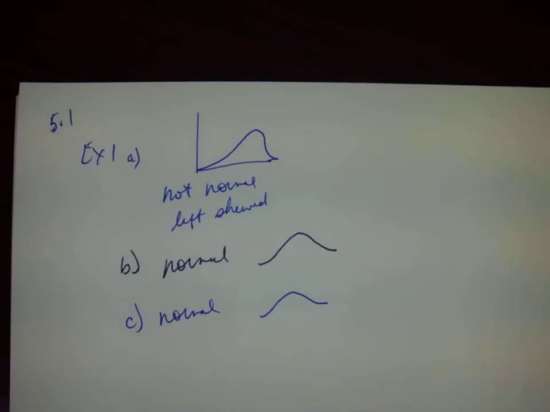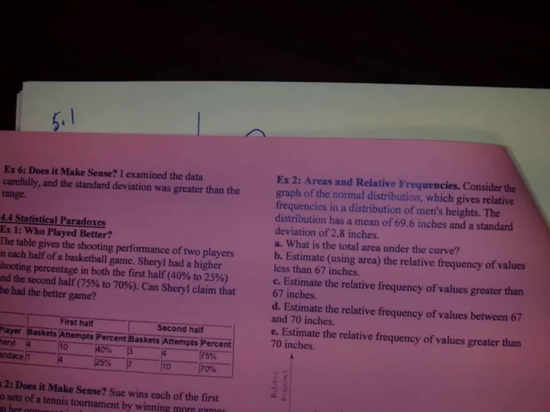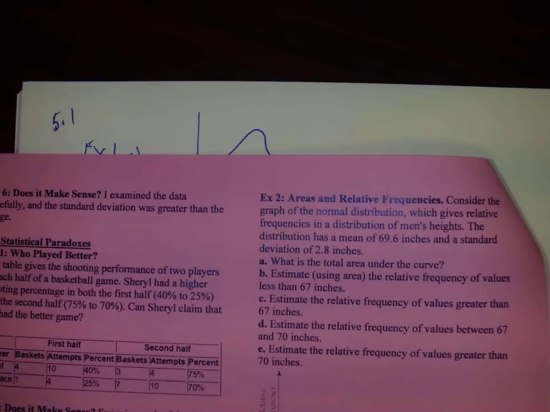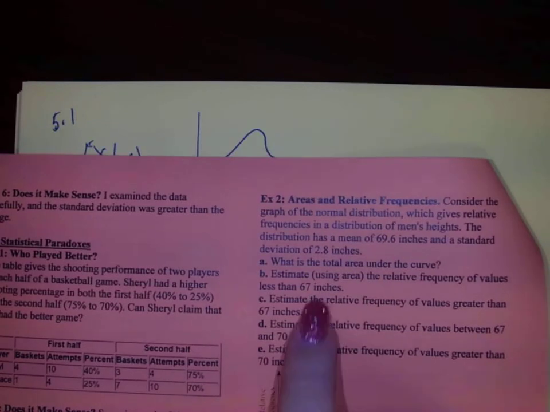All right, so next we're going to talk about areas of relative frequencies. So we are going to look at some questions and we're going to figure some stuff out based on that.